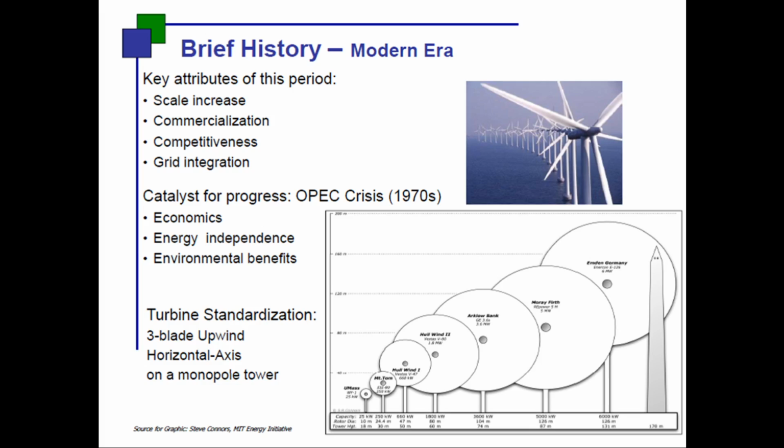The oil crisis in the 1970s was one of the catalysts for the progress, especially leading to the environmental benefit, pollution free. So there was further standardization of the wind turbine units. Most commonly you can see a three blade unit, upwind, horizontal axis on a monopole tower.